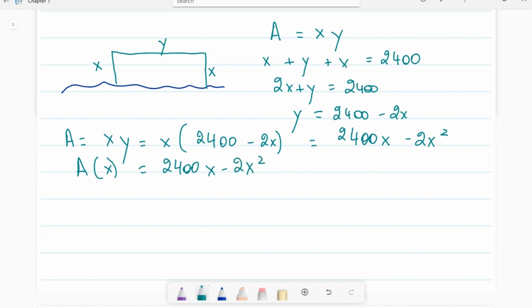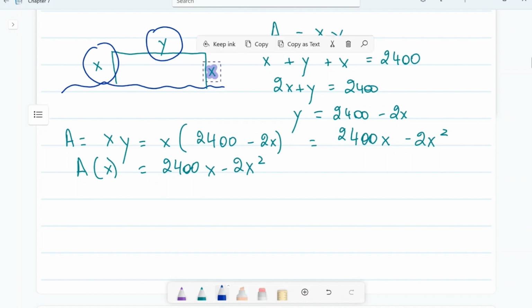So as in the steps earlier, we said that now we should find the domain of this function. So over what values of x does this function exist? Now let's think to ourselves, what can x be? So if we add up all of these three sides and we get 2400, what can the maximum value of x be?